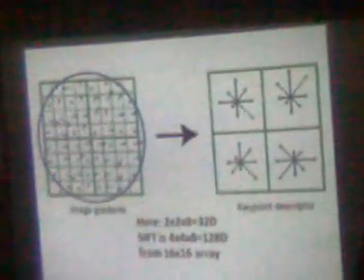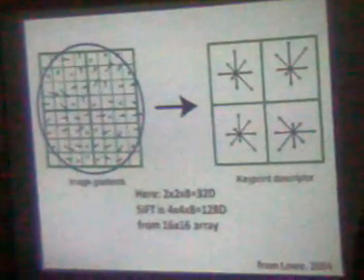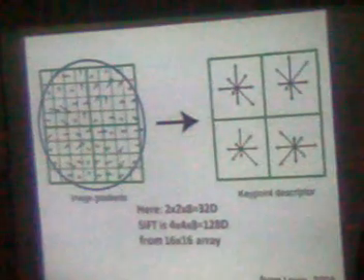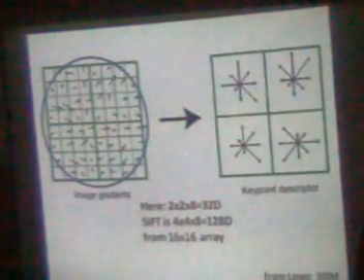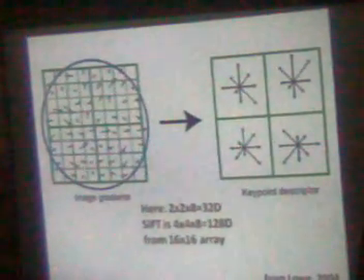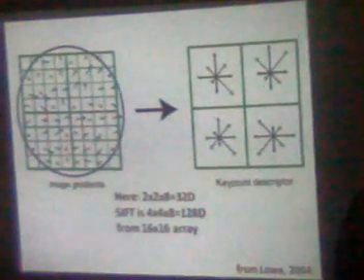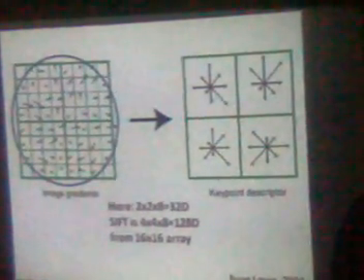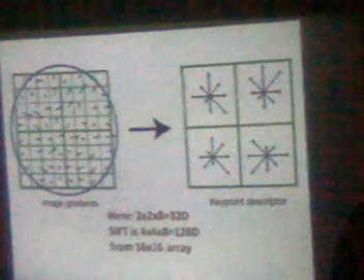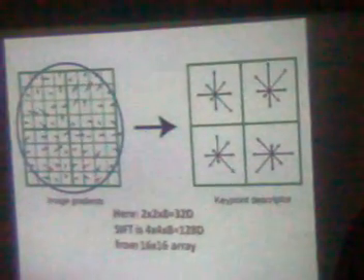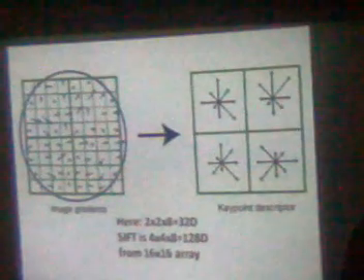And the particulars are that you bin the environment of that maximum into a coarse grid, and within each grid cell you make a histogram of about 8 or so different orientations, and it's the set of all of those values of those histograms that give you your feature vector.